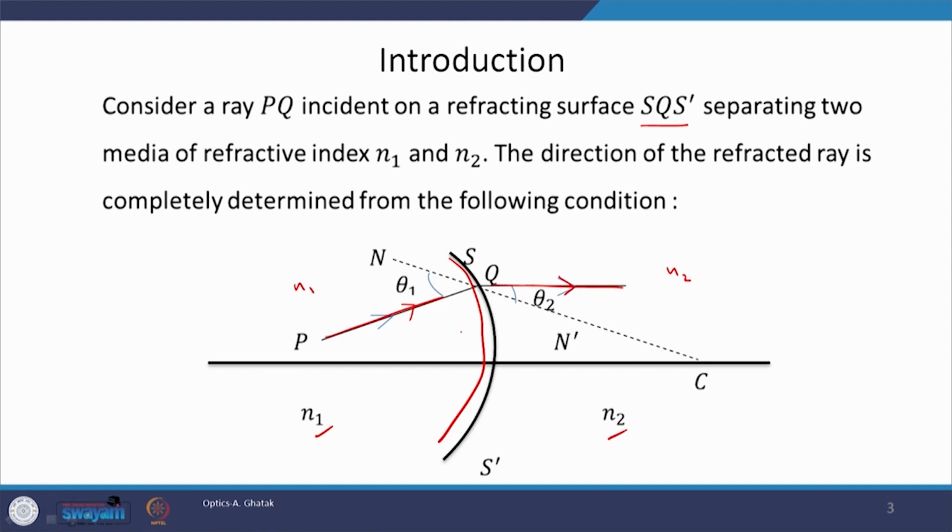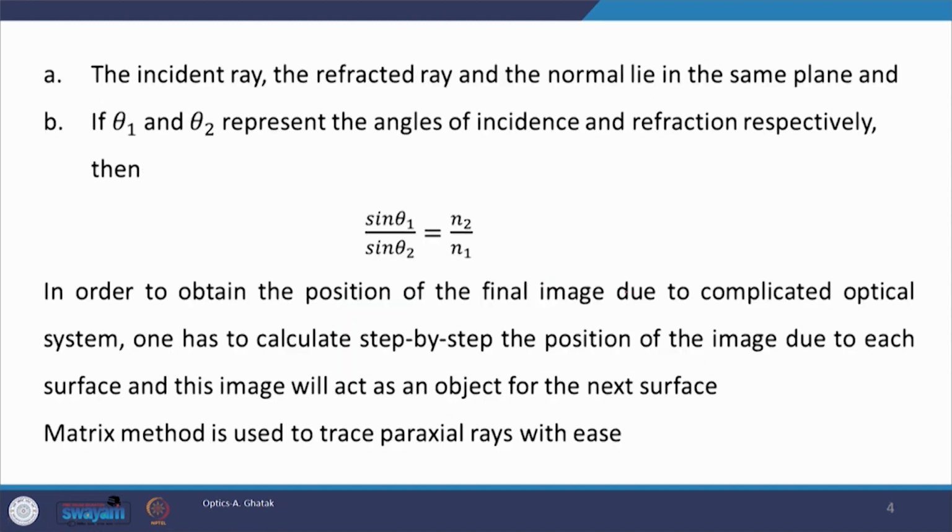The direction of this refracted ray is completely determined by two conditions which we have imbibed very thoroughly. What are these two conditions? The first is that the incident ray, the refracted ray and the normal to the interface all three lie in the same plane.